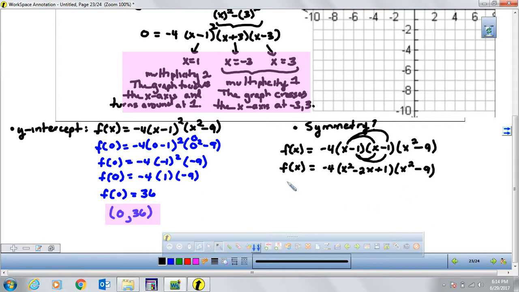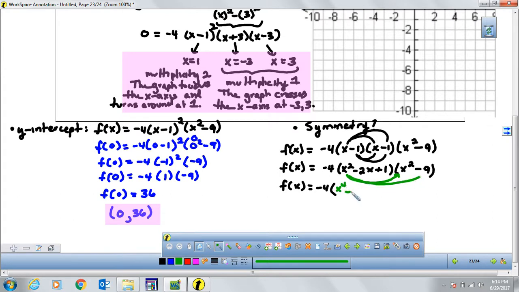Now let's multiply these two parentheses. x squared times x squared is x to the 4th power. I'm going to put the negative 4 on the outside first. And that's going to give us x to the 4th power. x squared times negative 9 is negative 9x squared.